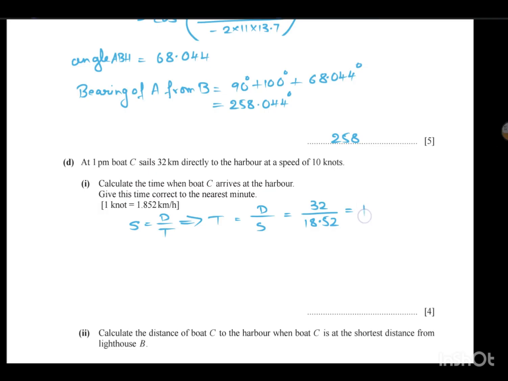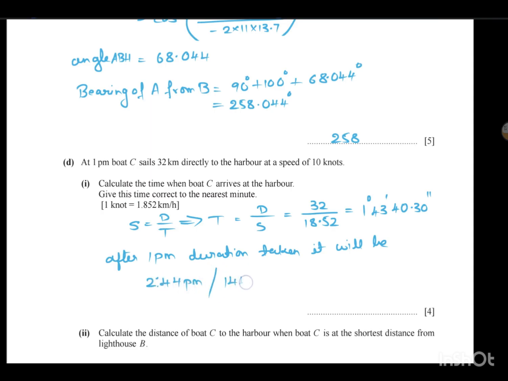1 hour 43 minutes 40.30 seconds. So after 1 p.m., if this duration is taken, it will be 2 p.m. because 1 hour has passed, and 43 minutes 40 seconds will be rounded to 44, so 2:44 p.m., or it can be written as 14:44.